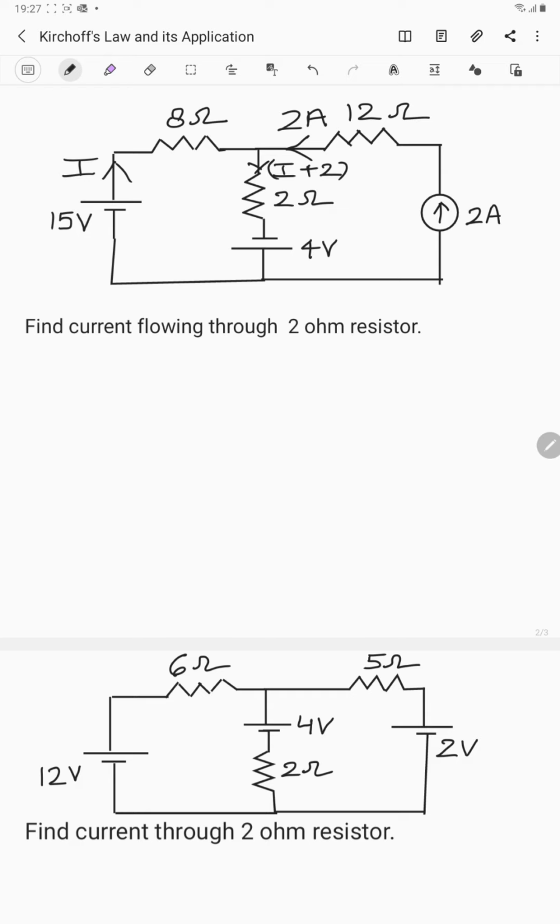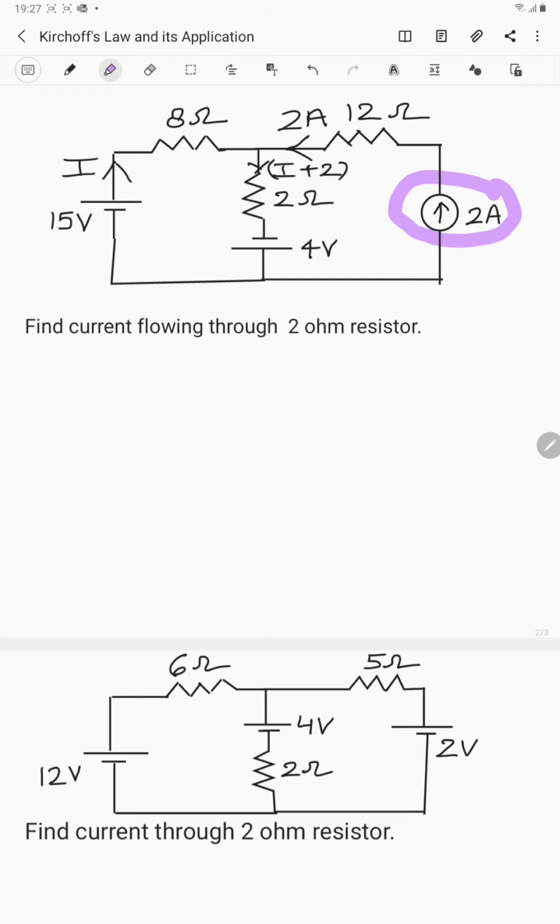Now we have to write down the KVL equation. To write the KVL equation, we can never consider this loop. What's the reason behind that? The reason is this loop consists of a current source, and we do not have any idea about the voltage across this current source.